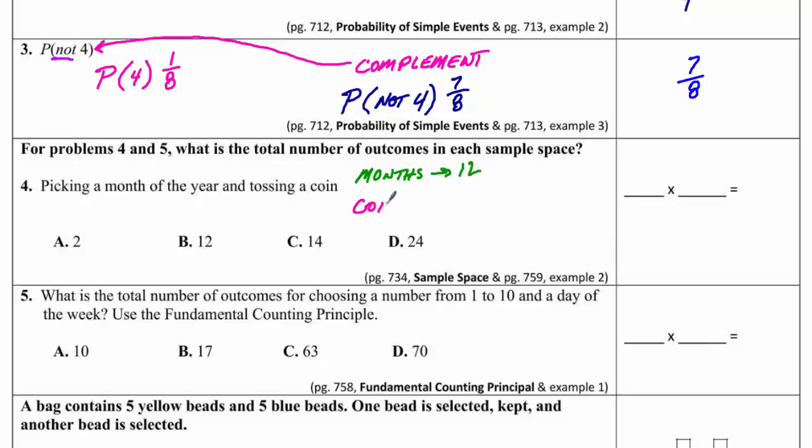On the coin, there are 2 things that can happen, heads or tails. So let's go ahead and actually build this out. Let's see what this would look like. All right, boom, a sample space appears for problem 4. So this is the sample space.